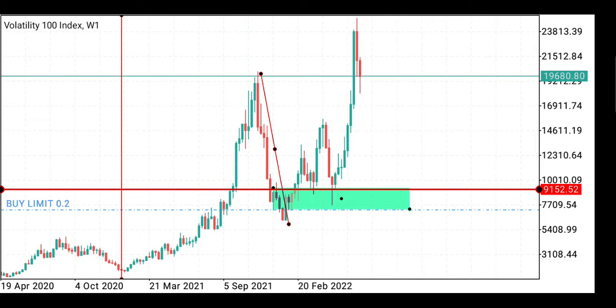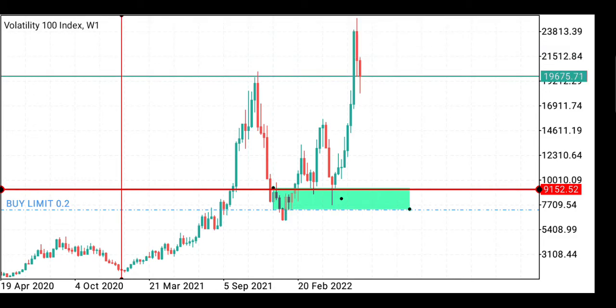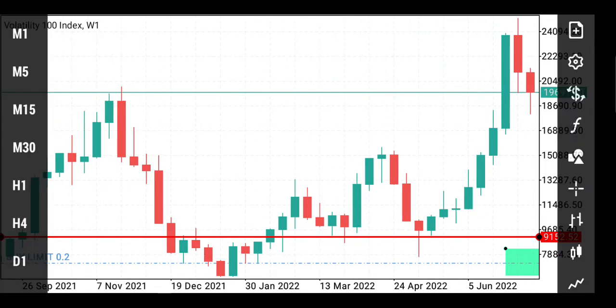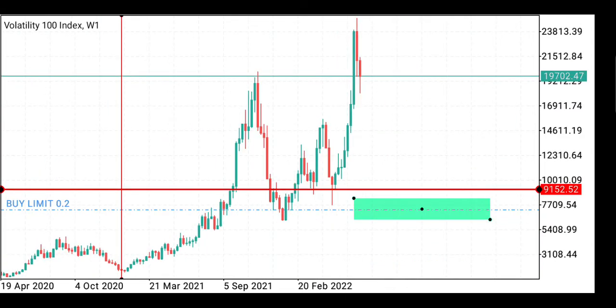Usually, after the institutional orders place their buy, look at this bold horizontal red line. After they place their buys inside this bullish candle, the market traded down 3 bullish candles before it began to rally up.